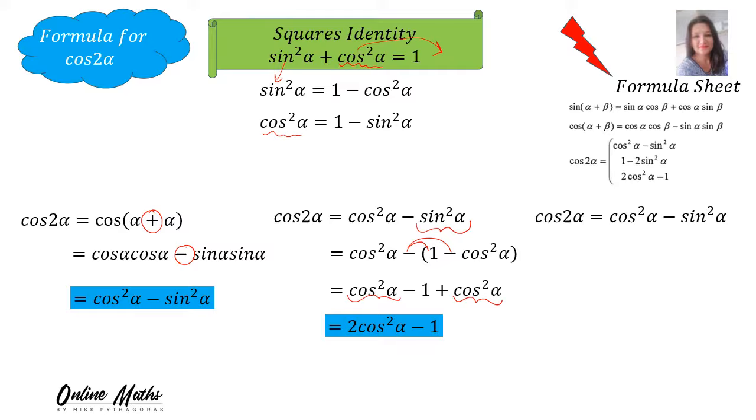So into your double angle here, in the place of cos squared alpha, you can substitute the squares identity, 1 minus sin squared alpha. And then minus sin squared alpha, minus sin squared alpha is equal to 1 minus 2 sin squared alpha. So there's the proof of your 3 double angles for cos.